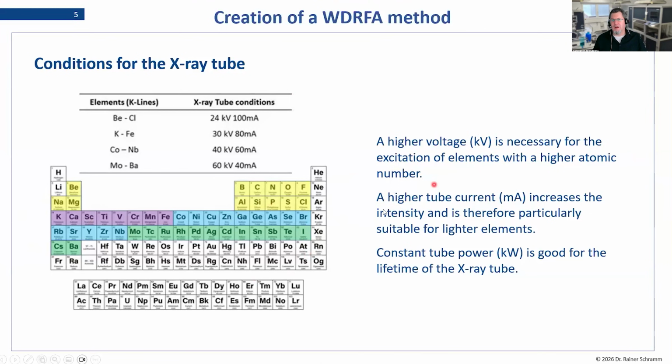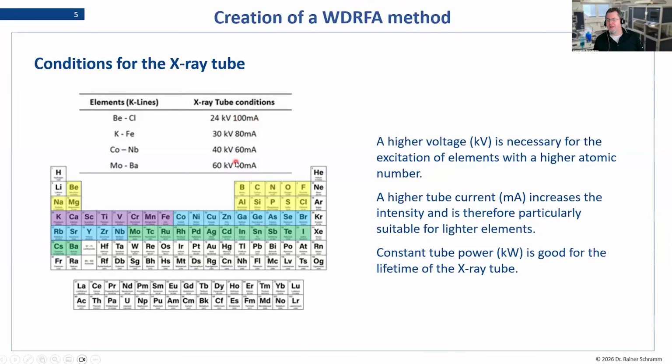And higher tube currents, the mAs, increase the intensity in total. So if you would divide your kV by half, but multiply your mA by a factor of 2, you basically double your intensity. And this is particularly useful for the lighter elements. So if we're looking at our overview here, you can see that the yellow ones, beryllium to chlorine, go like low kV, high mA, and then it kind of switches.